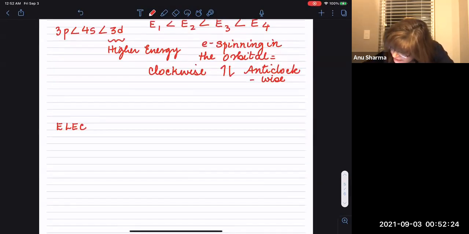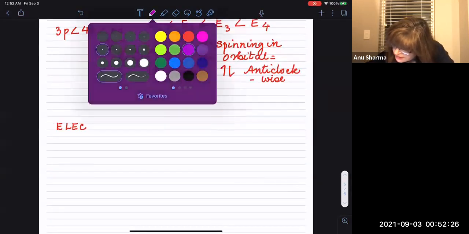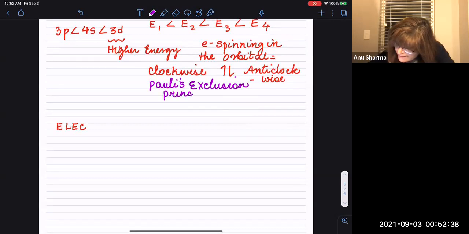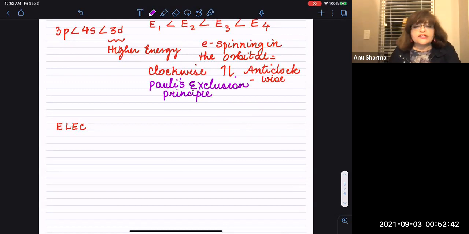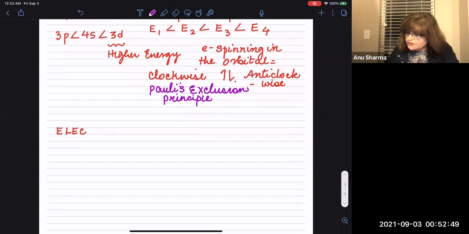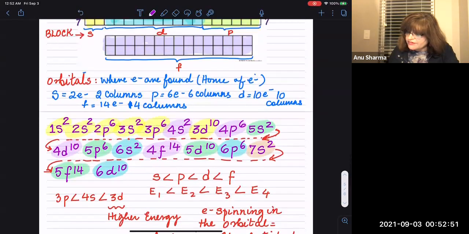Actually, this is Pauli's exclusion principle. When the electrons spin in the opposite directions, okay? That's the Pauli's exclusion principle, that no 2 electrons can have the same quantum number.